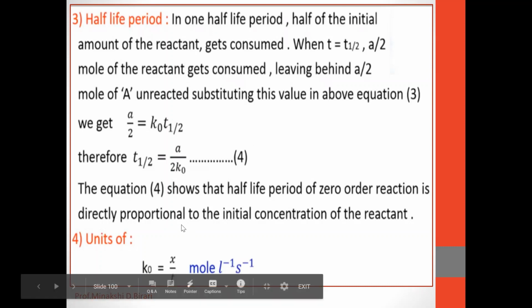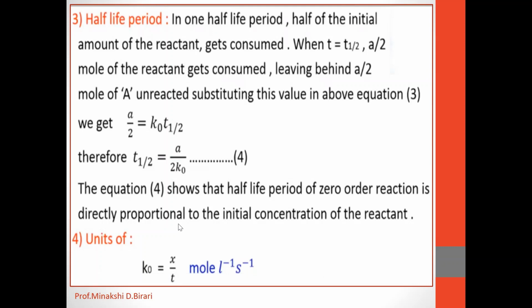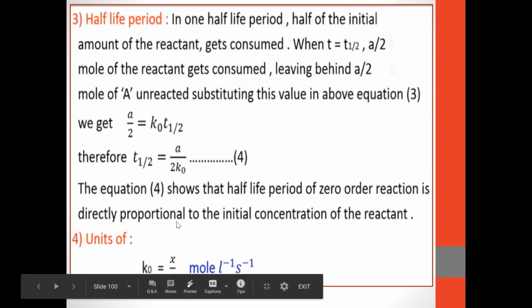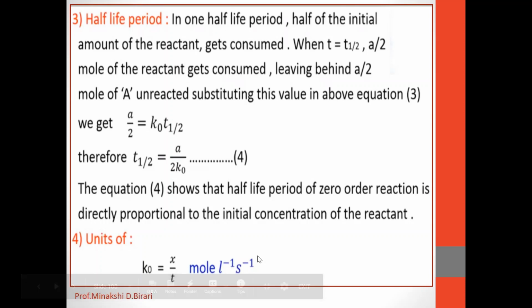Then the unit of the zero order rate constant is mole per liter per second. From the equation K0 is equal to x upon t, we get the unit mole per liter per second.